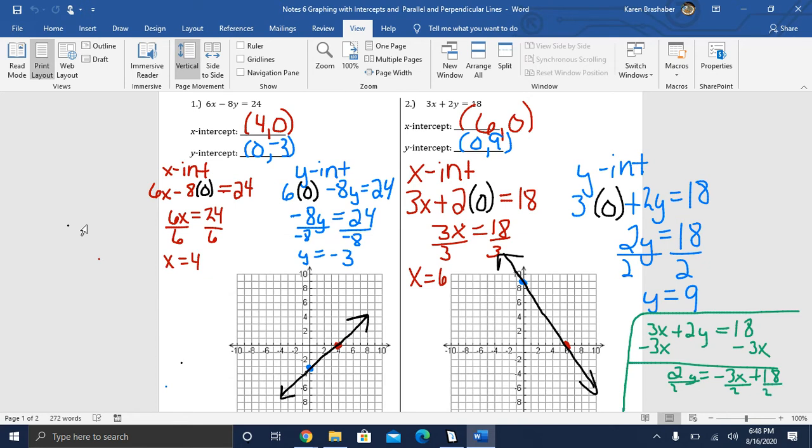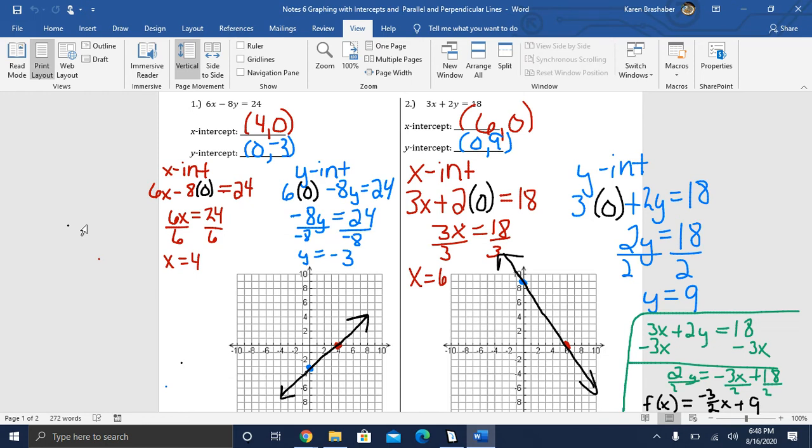And then instead of writing y equals, this is where the function notation will come into play. They'll ask you to write it f of x equals. In fact, the f of x will already be there for you, and you would just need to write this side of the equation, which would be negative 3 over 2 x plus 9.